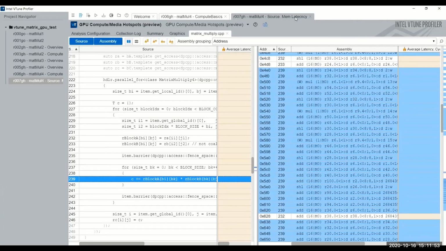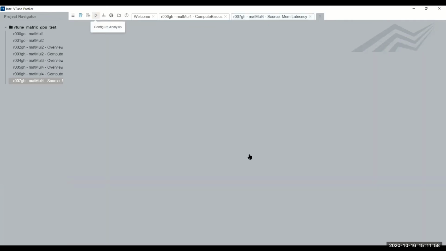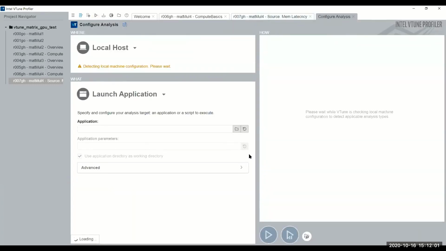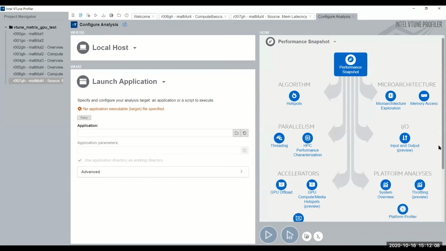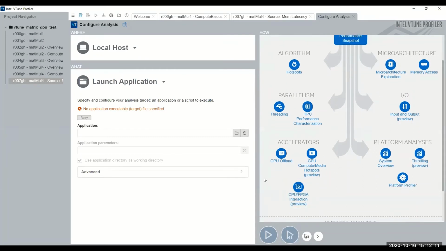Okay, so maybe I should have shown the configuration window for VTune and the selection of different analysis types. On the right side here, those are the analyses for accelerators, because we have another additional type for CPU and FPGA interaction, which is also considered an accelerator and which supports DPC++ as well, but it's not a topic of our presentation today.